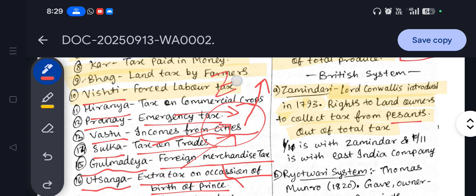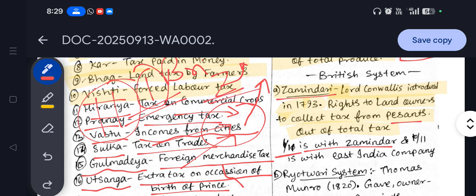Then zamindar will forward that tax to the Britishers, and this concept is known as a zamindari system. So as it is mentioned over here, 1/11th is with zamindar. Out of total 11 parts, only and only one part stays with the zamindars, and rest of the 10 parts go to the Britishers.